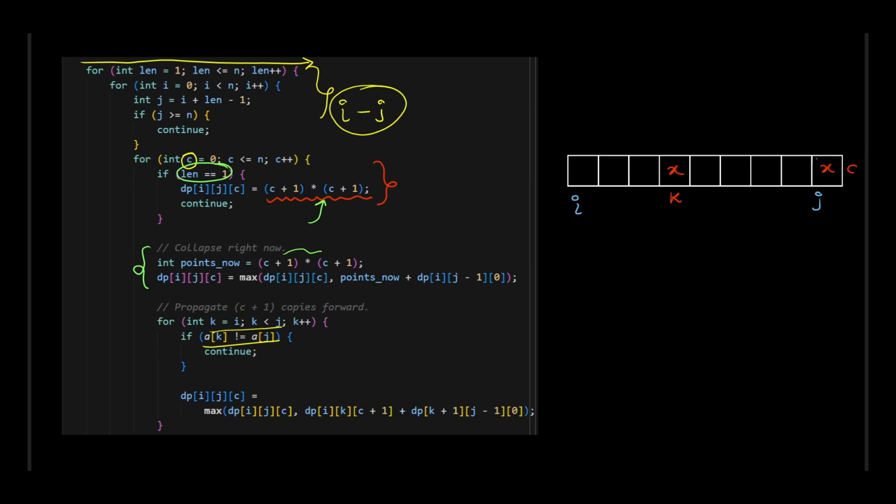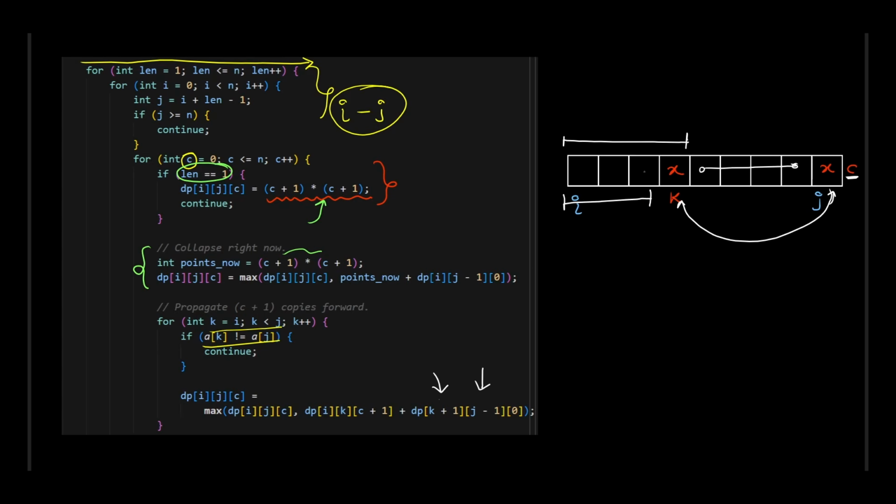Then you can say that I want to transfer my C copies from the outside world and the one copy that I already have to this element, and I want to be merged and collapsed together with this element. So this means that this array becomes isolated, and this array is nothing but K plus 1 to J minus 1. And then once you have merged it, you actually call it for this entire segment, not just this segment.